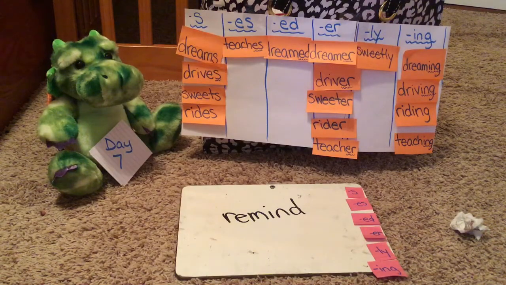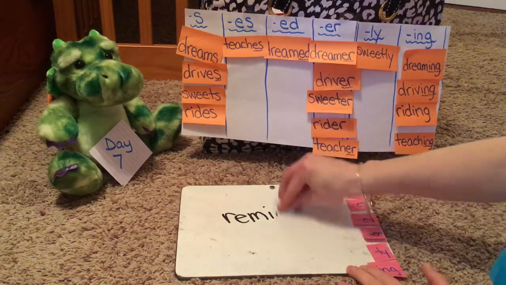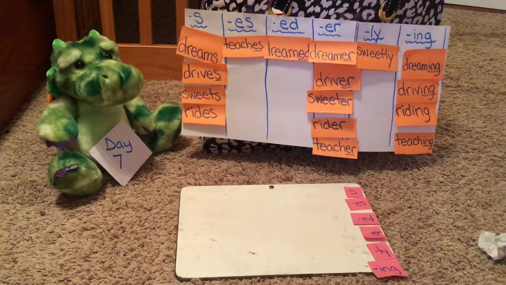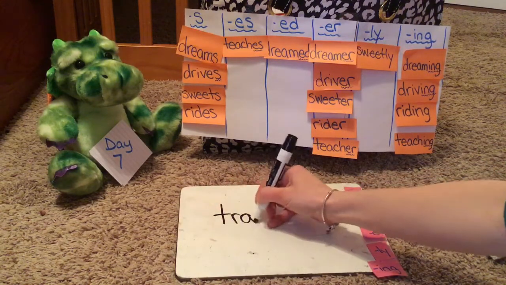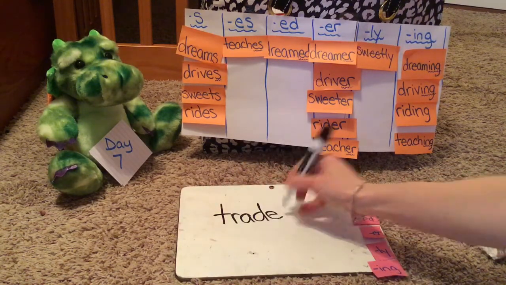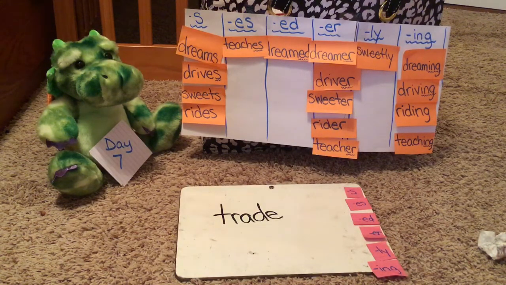All right, now I'm going to give you another word. So the word we are going to write to start with is the word trade. All right, I want you to take the word trade and make it the word trades.